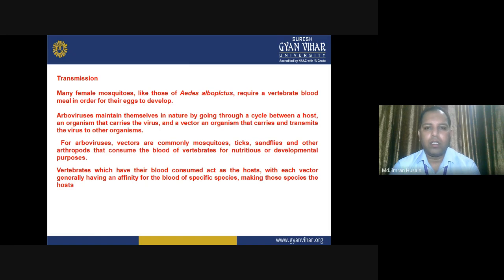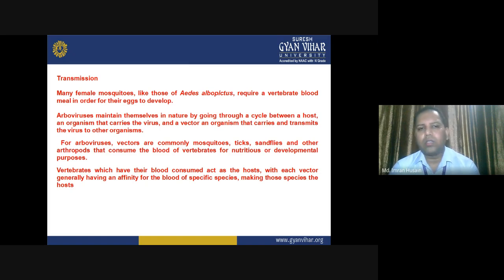Arbovirus maintain themselves in nature by going through a cycle between a host, an organism that carries the virus, and the vector, an organism that carries and transmits the virus to the organism.